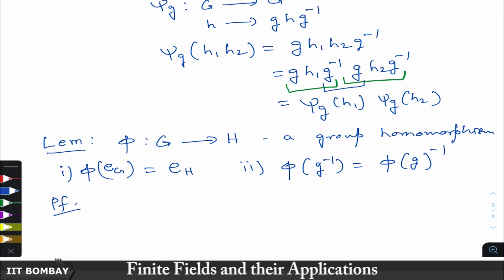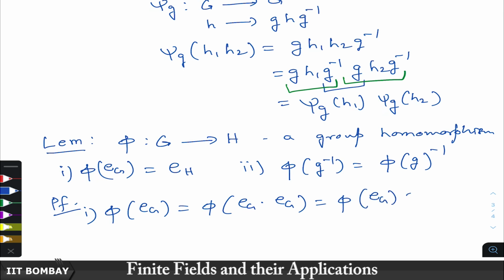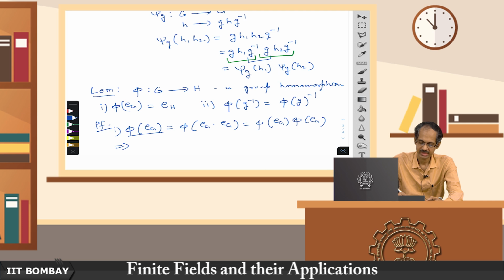So, let us prove these two simple properties. Let us just take phi of e_G. Now, e_G can be written as e_G times e_G, and then because phi is a group homomorphism, we can break this into phi of e_G times phi of e_G, and now if you observe, the left hand side can be written as phi of e_G times e_H, and this side has phi of e_G times phi of e_G.